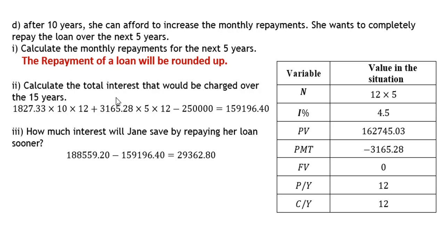Therefore, you add these two payments and subtract the original loan, $250,000, and you will get the total interest she paid for the whole loan. For the third one, how much interest will Jean save by repaying her loan sooner?